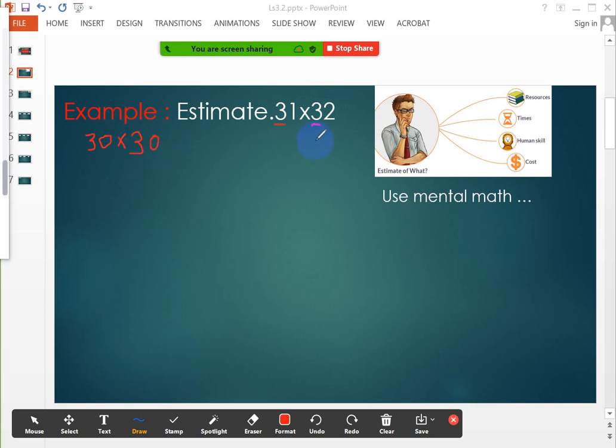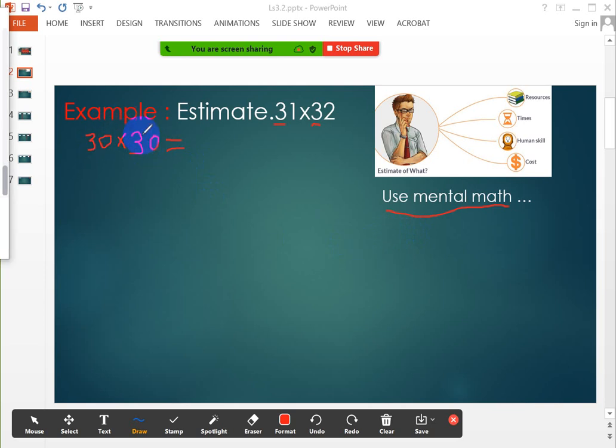So look, the numbers by using rounding become 30 multiplied by 30. Now, can I find the answer right here? Yes, I can find it by using mental math, as we learned in multiplication. If you multiply 30 with 30 by using mental math, you have to multiply 3 with 3.